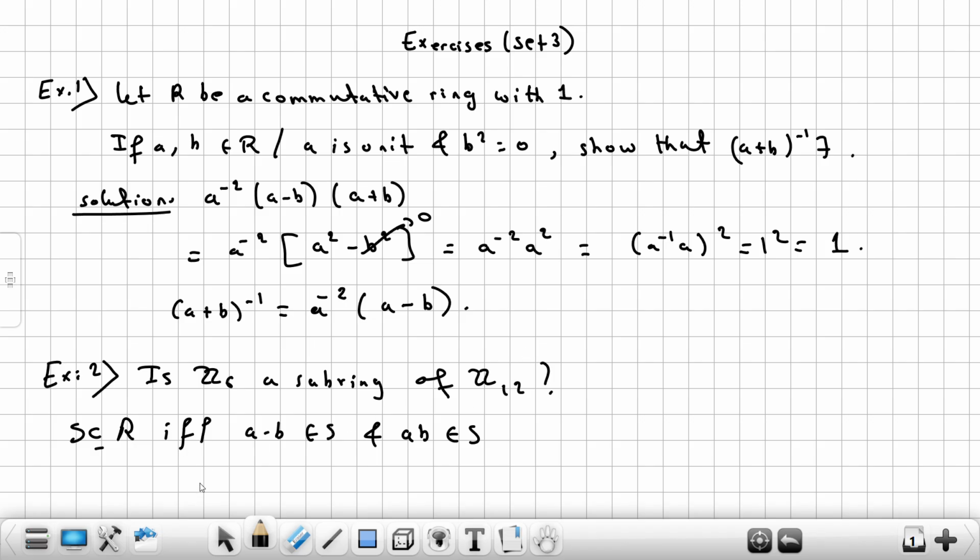So in Z6 we have 4 plus 4 congruent to 2 modulo 6. But in Z12, 4 plus 4 is equal to 8. So these are two different elements, and we cannot view Z6 as a subring of Z12. We have two different operations.